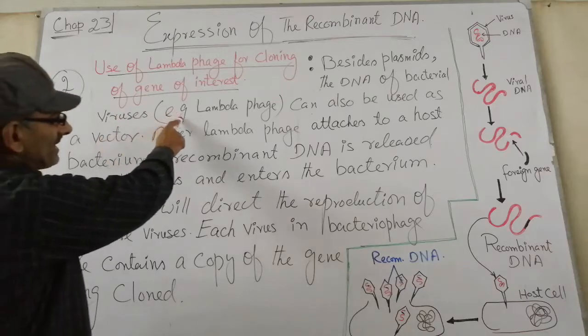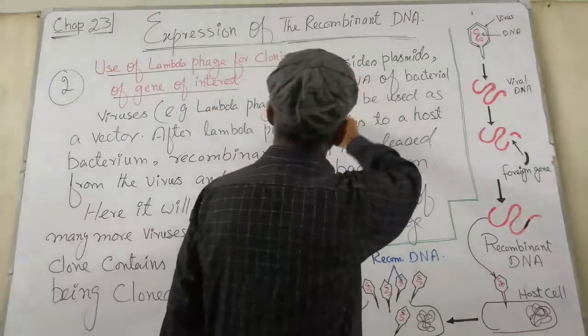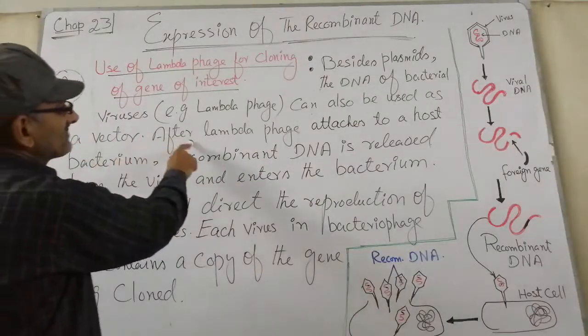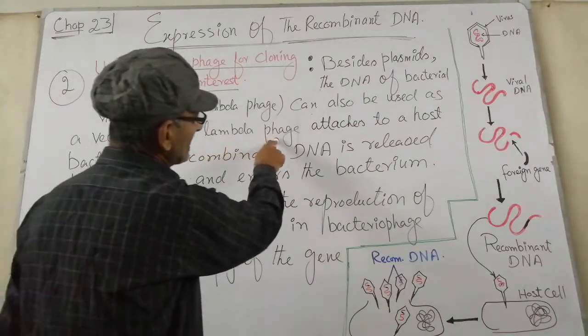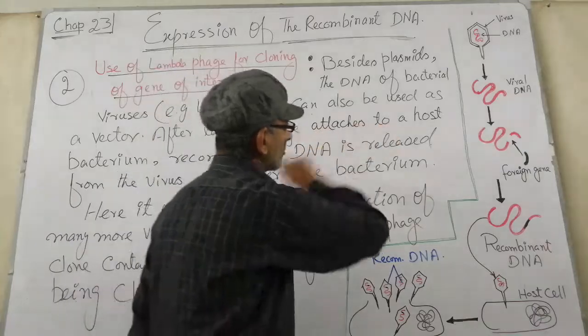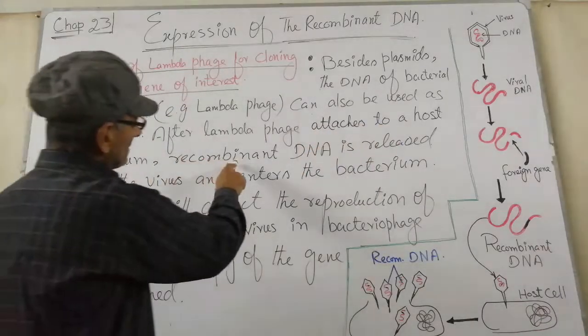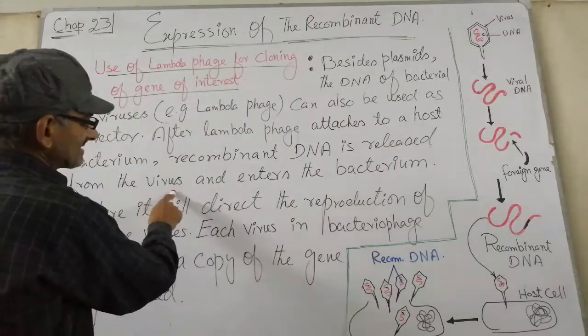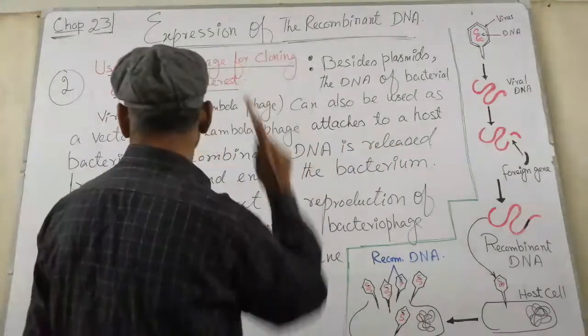Viruses, for example lambda-phage, can also be used as a vector. After lambda-phage attaches to a host bacterium, recombinant DNA is released from the virus and enters the bacterium.